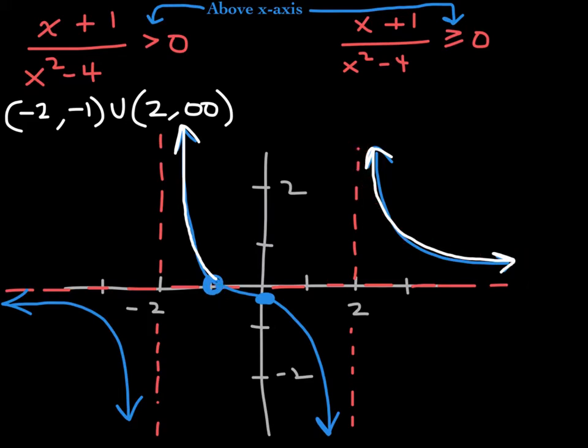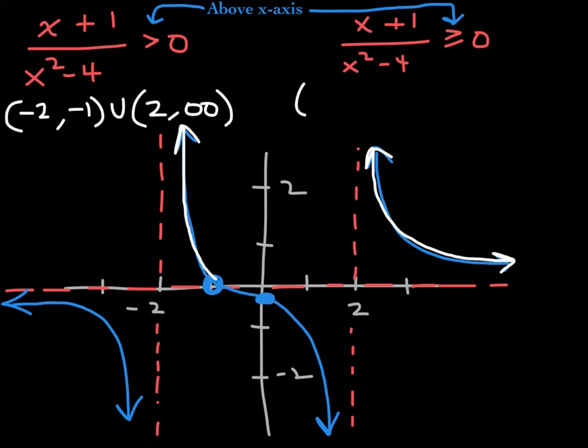I have parentheses on all of my endpoints because this is a strict inequality. Now let's go to this answer. It's still the same question, when is it above the x-axis? The only difference is this is non-strict, so I can put a bracket on my x-intercept only. The x-intercept is -1, so basically my answer will be the same as before, just a bracket at the x-intercept.